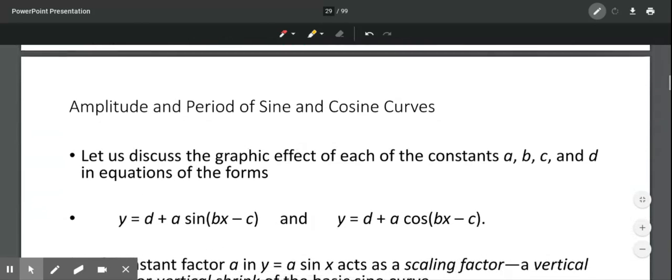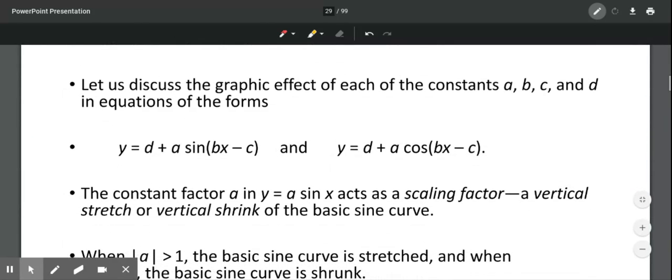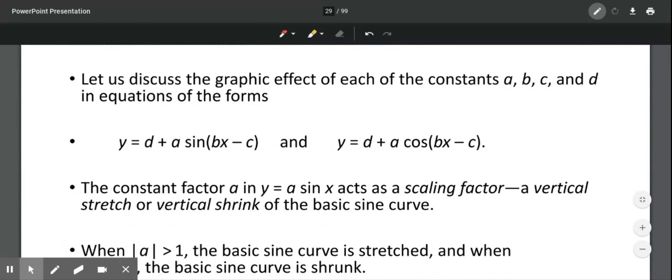Okay, so amplitude and period. We've already talked a little bit about amplitude. So your amplitude is your A value, which is convenient that they both start with the same letter. So your A is your amplitude, okay? Going back to this part right here, it's your vertical stretch or vertical shrink.